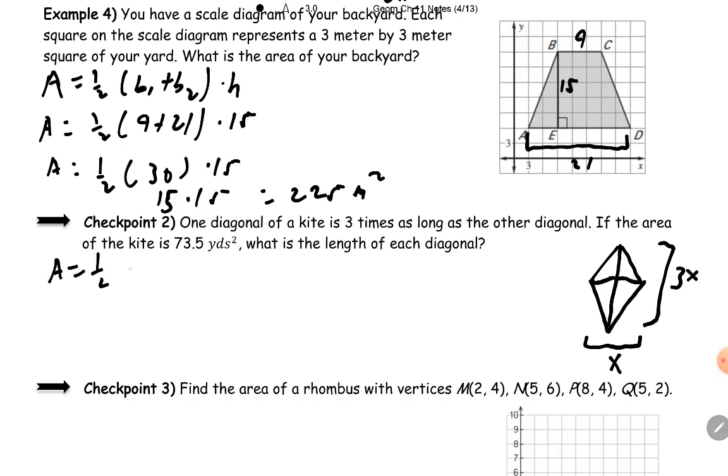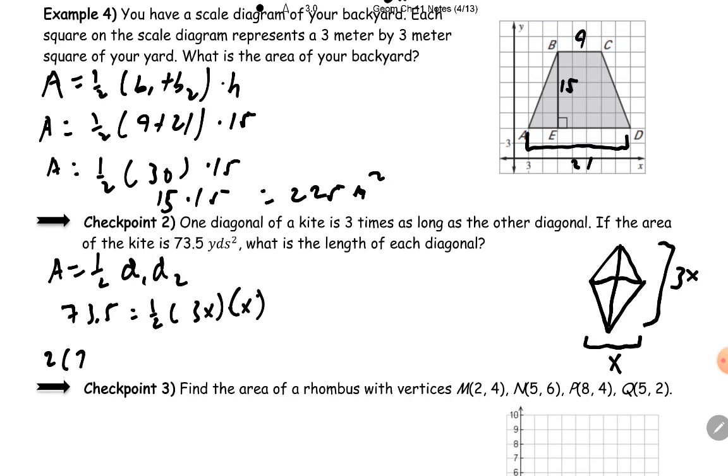Area is 1/2 diagonal 1 times diagonal 2. 73.5 is equal to 1/2 3x times x. What I'm going to do is, instead of multiplying the 1/2 and 3, because that'll give me a fraction, I'm just going to multiply both sides by 2 to get rid of the half.